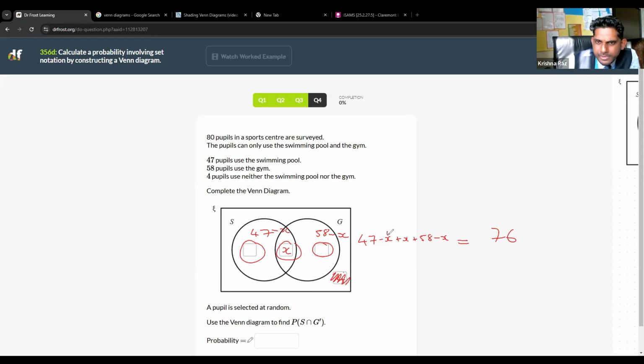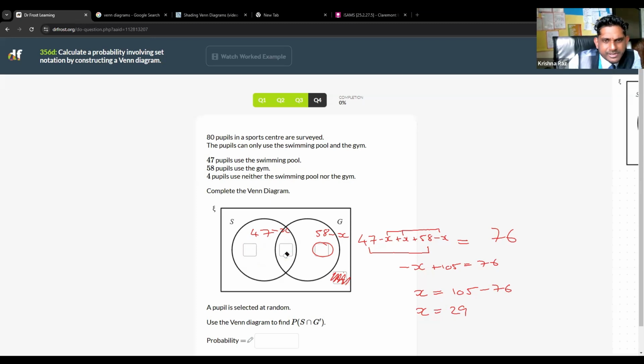So this and this will simplify to negative x. And that will give me, was it 105? So we end up with x equals 105 minus 76, which is 29. So x is 29.